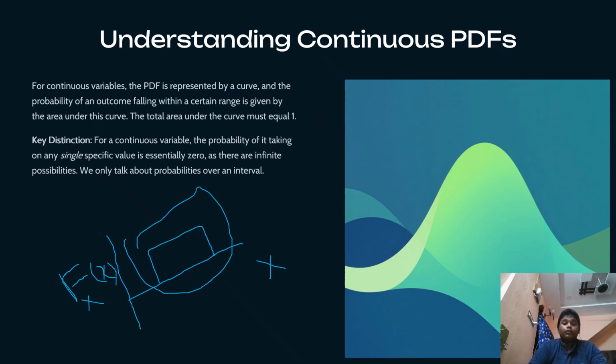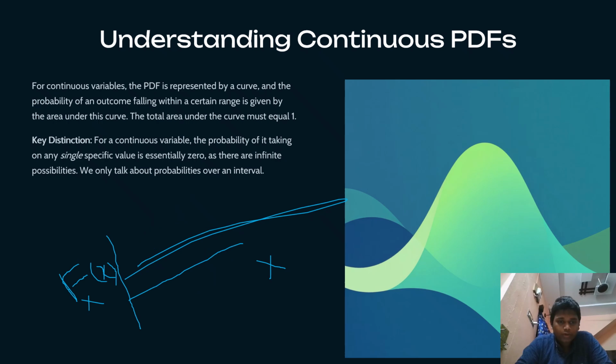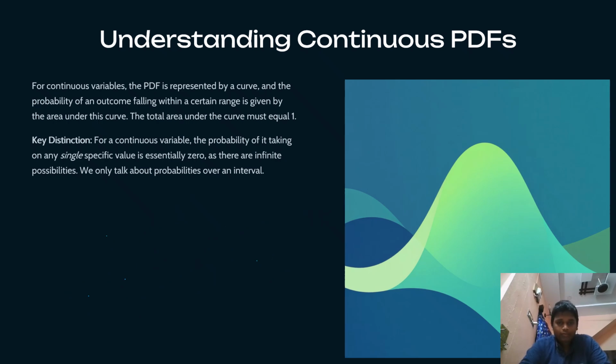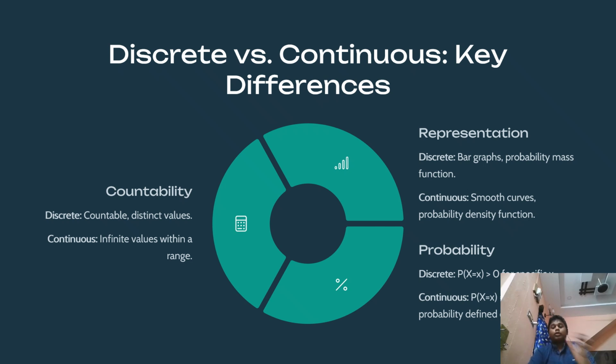the area under this curve is 1. The differences between discrete and continuous: discrete has countable and distinct values, whereas continuous has infinite values in a range.